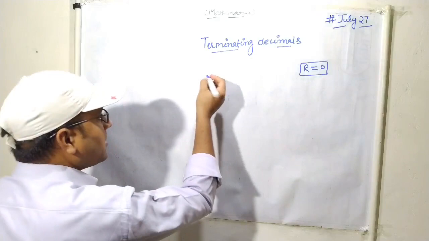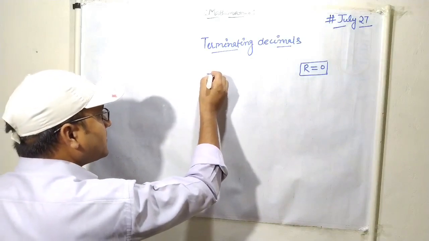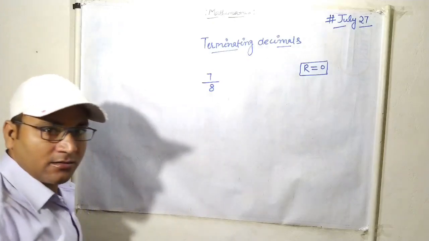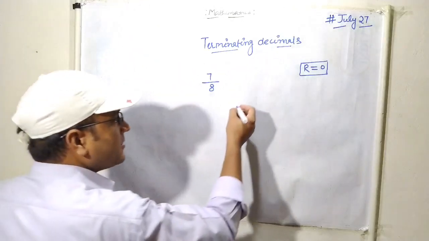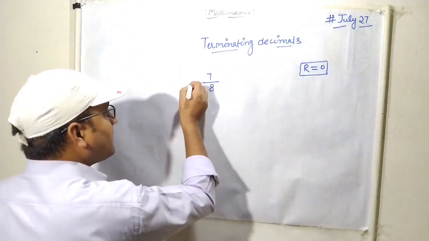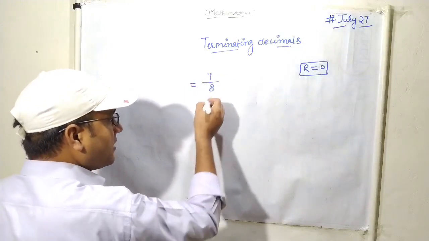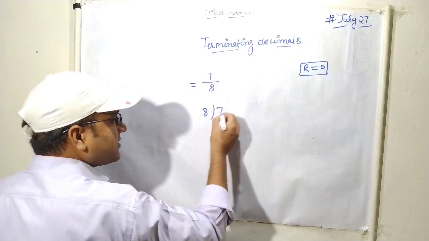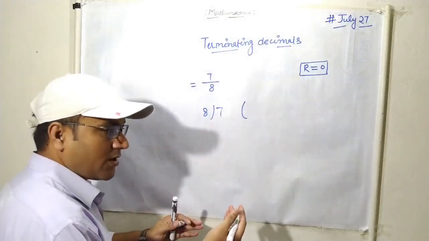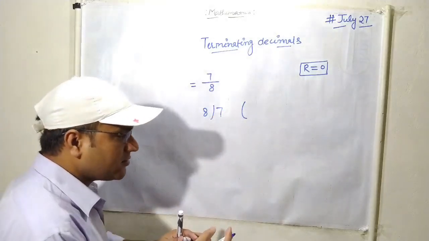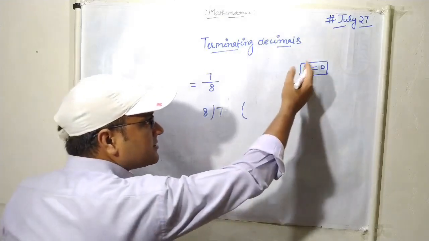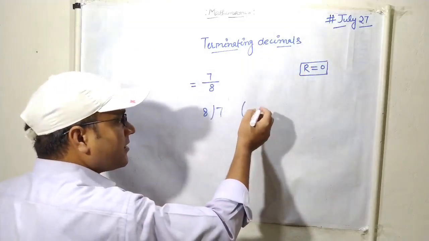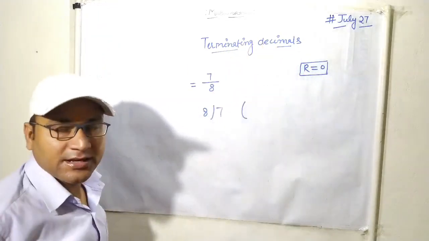Suppose I have taken here 7 upon 8. If we are dividing 7 by 8, after a few steps of your division, if its remainder gets 0, then the given quotient is representing a terminating decimal.